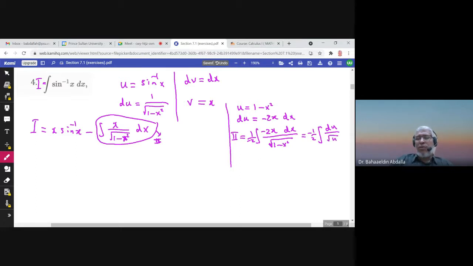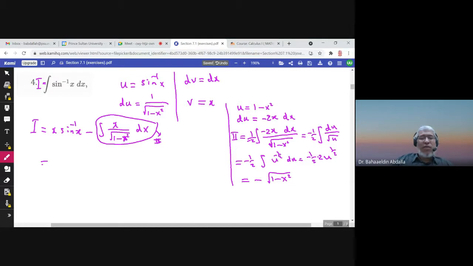This would be negative half times the integral of u to the power negative half du, and the integral of u to the power negative half is u to the power half over half, or times 2. So negative half times 2 is negative 1. U to the power half, I can write as square root of u, but u is 1 minus x squared. So this is the integral.